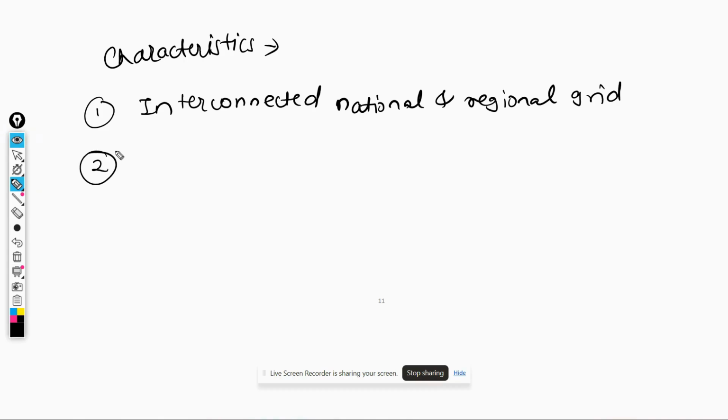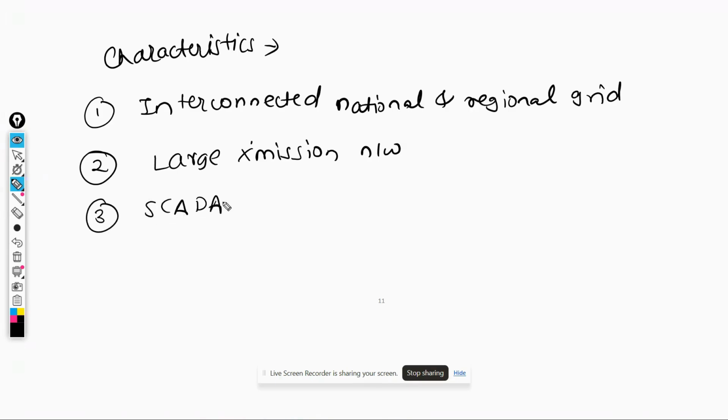Then the second characteristic is that large transmission networks were developed. So thousands of kilometers of transmission lines connected different states. Then the third characteristic is SCADA based monitoring. This enabled remote monitoring and control of substations.